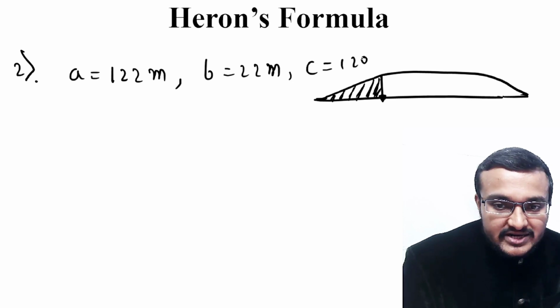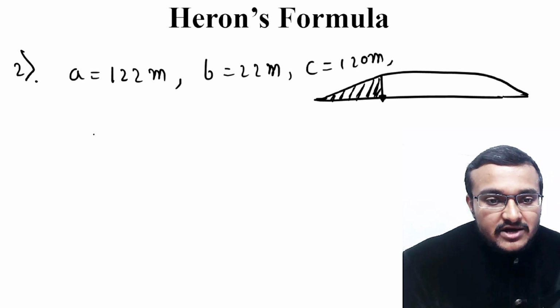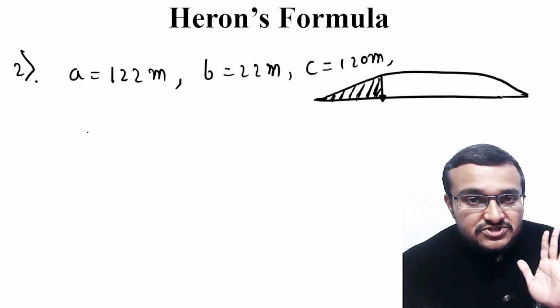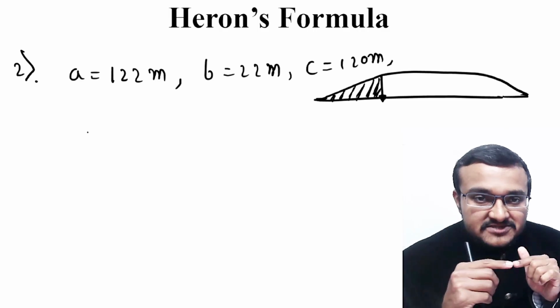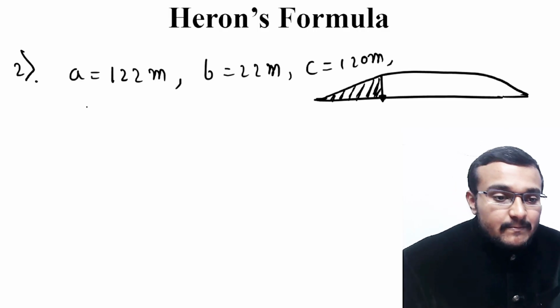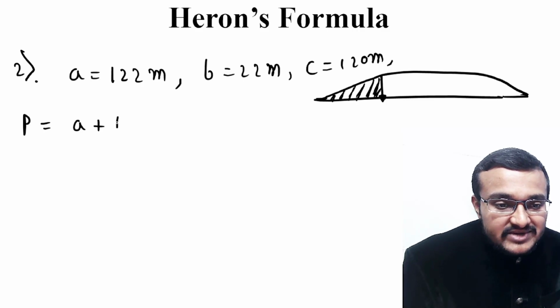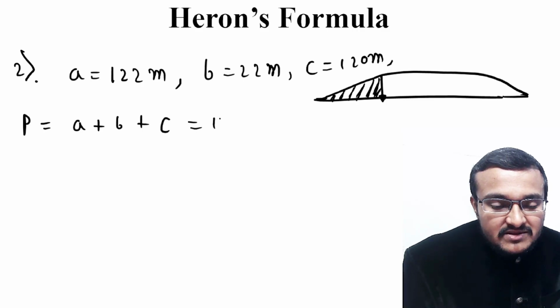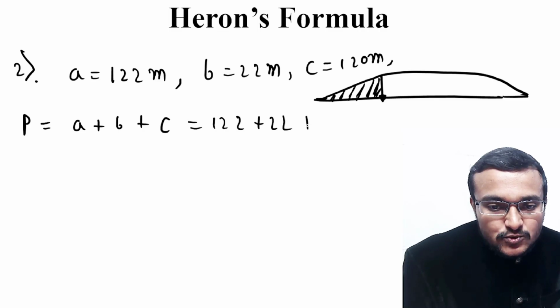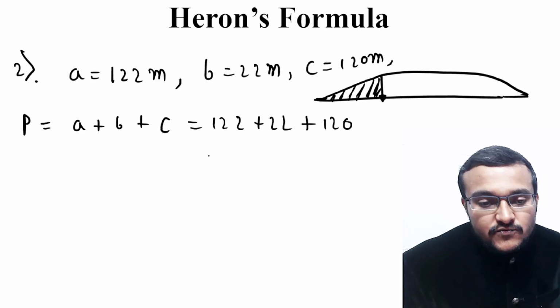equal to 120 meter. So now here they have given the sides of this particular triangular space, and the perimeter you have to calculate using these sides. So that will be a plus b plus c, that is 122 plus 22 plus 120. So 122 plus 120 will be 242.